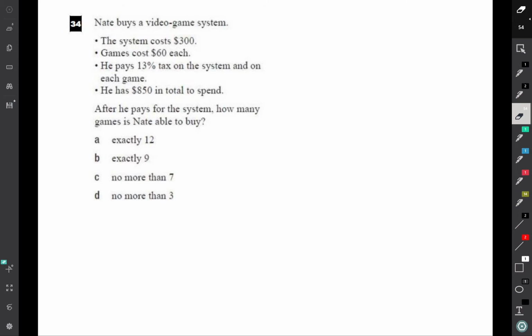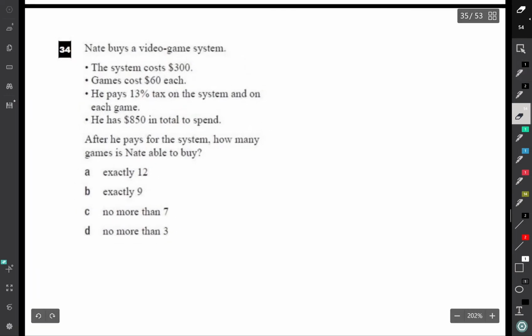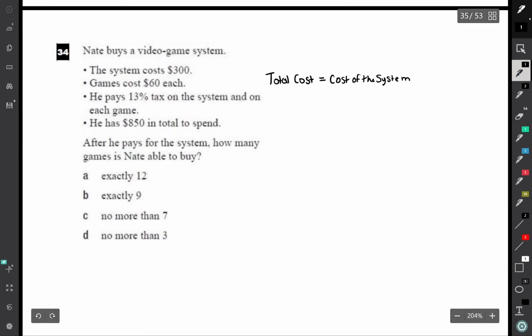So, for example, if I were to write an equation for the total cost, that would be equal to the cost of the system, plus the cost of a game.